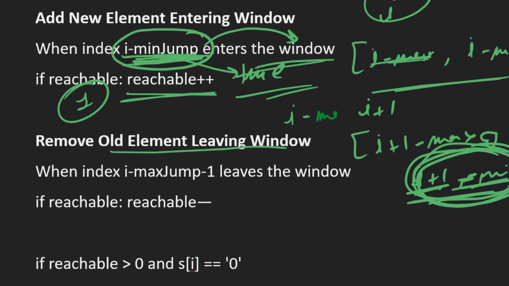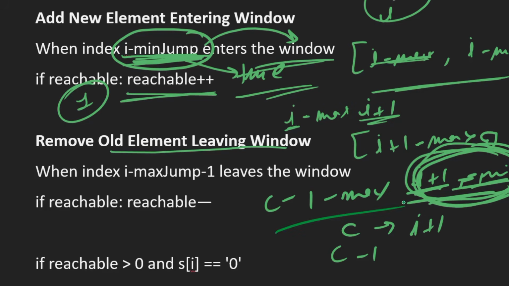That is I minus max jump. So now our current index is I plus 1, and if we put I as current minus 1, then our variable will be current minus 1 minus max jump. That is our current variable minus max jump minus 1 will be the variable that is leaving the window. Now if we assume current variable as I, then it will be I minus max jump minus 1. This will leave the window.